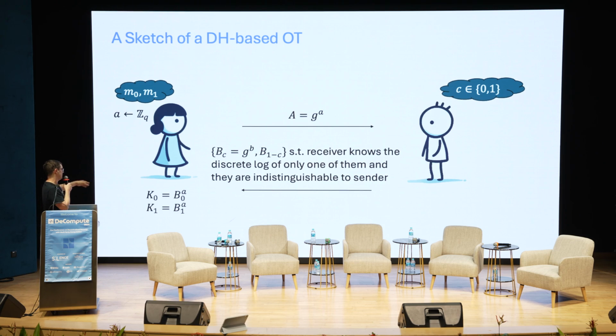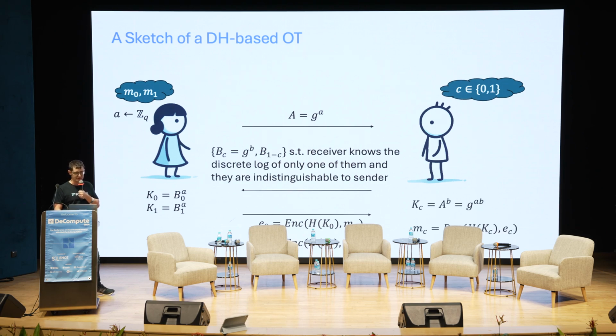Similar to Diffie-Hellman, the sender will compute B0 to the a and B1 to the a, and then use those keys to encrypt the two messages, M0 and M1. Assuming the receiver only knows one of the secret keys, they compute only one of the shared secrets and then decrypt only one of the two messages. That's the idea of this recipe for building Diffie-Hellman based oblivious transfer.